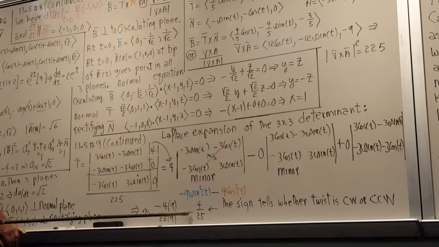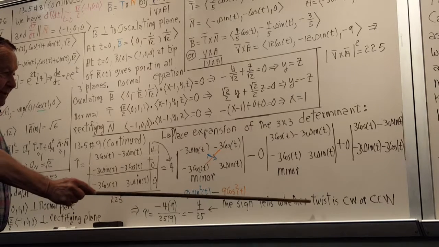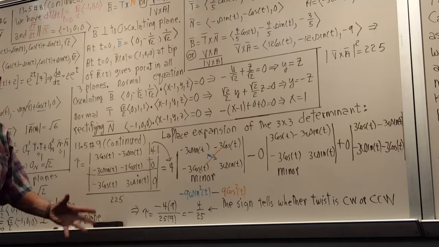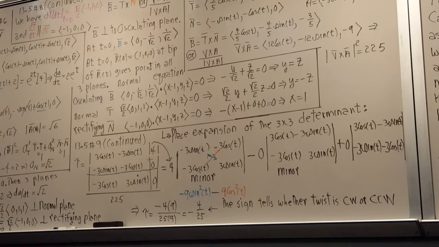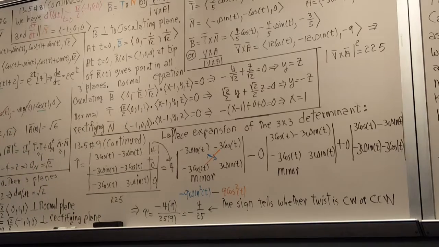And torsion can be positive, negative, or 0, and so the sign tells whether you're twisting clockwise or counterclockwise. If you think of the train tipping as you go down the track, you see, you can twist this way, twist that way, okay?